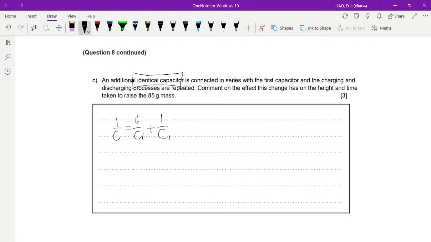Thus, the total capacitance becomes 1 over 2 over C1, to the power of negative 1. So, the capacitance is halved.